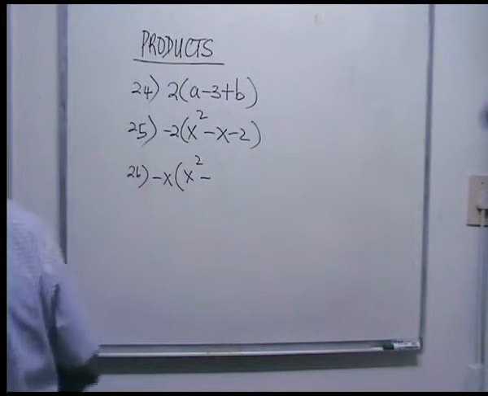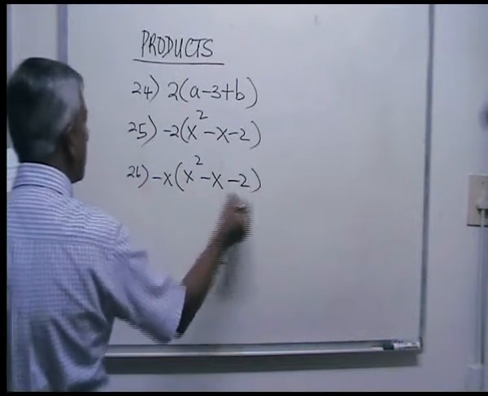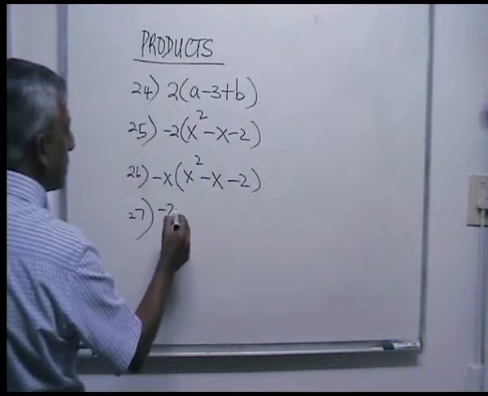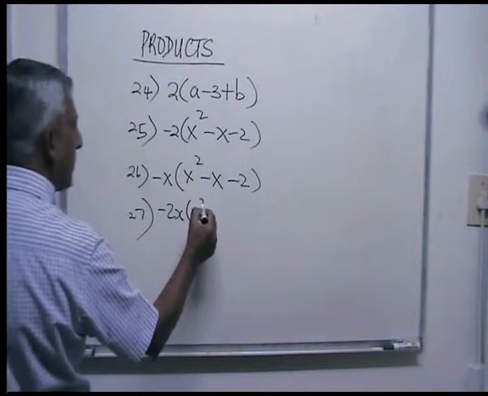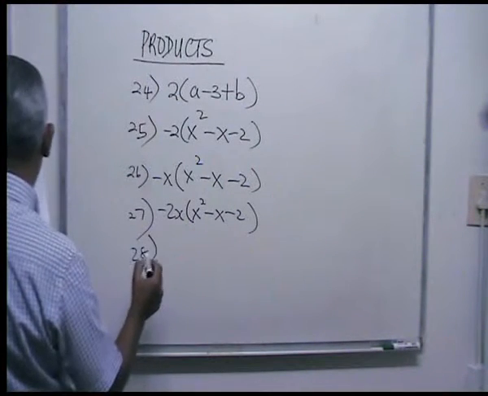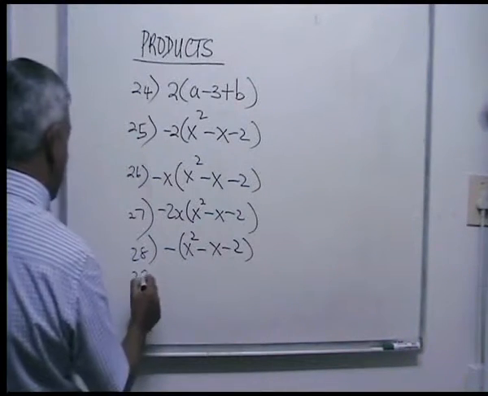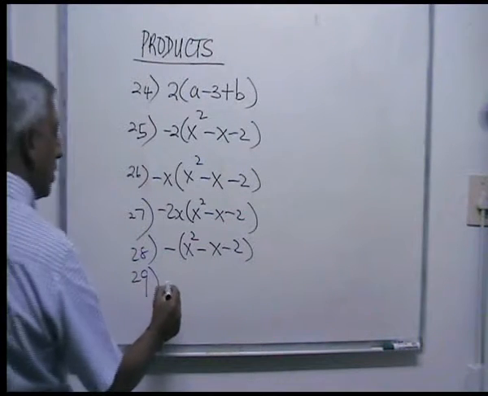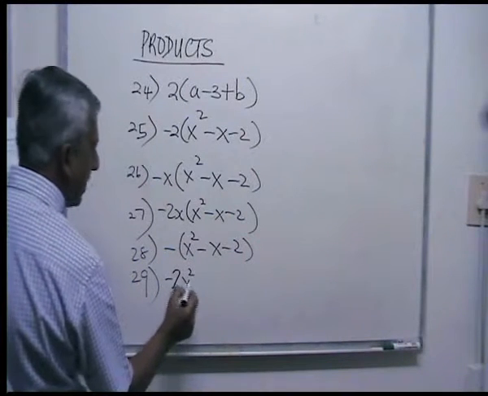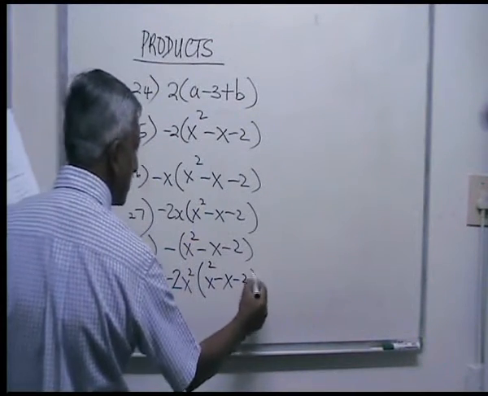Number 27: minus 2x into (x squared minus x minus 2). Number 28: minus 1 into (x squared minus x minus 2). And finally, the last one, number 29: minus 2x squared into (x squared minus x minus 2).